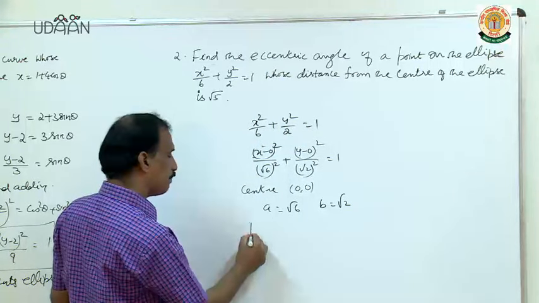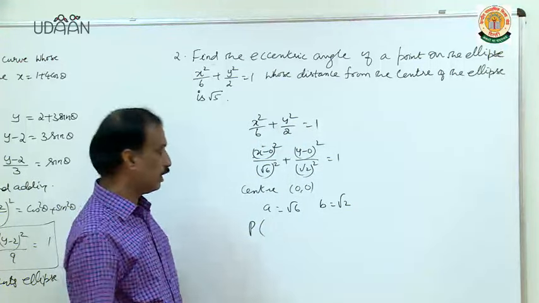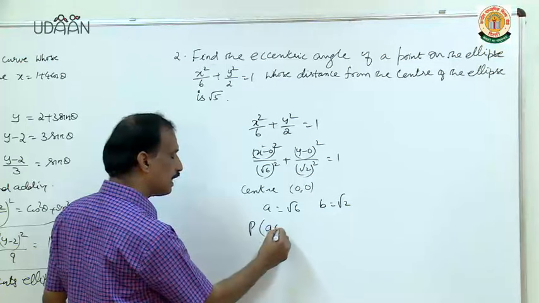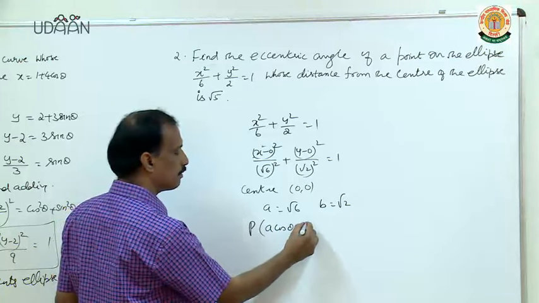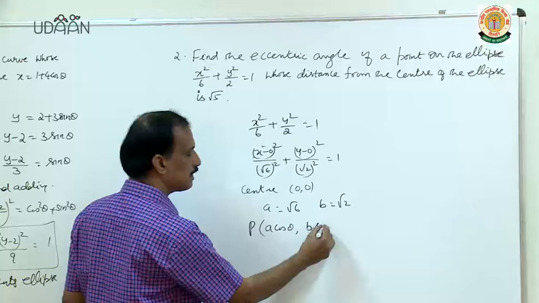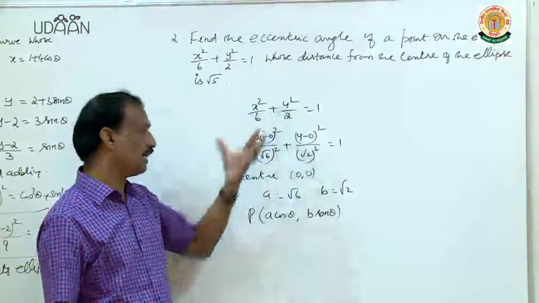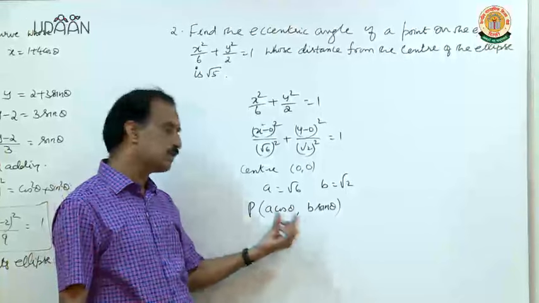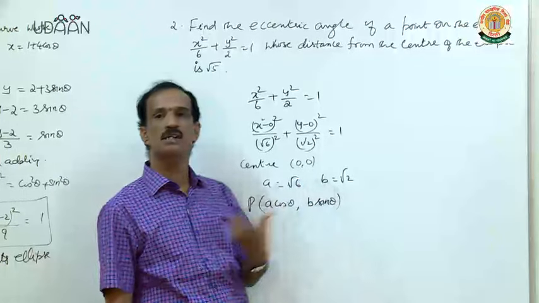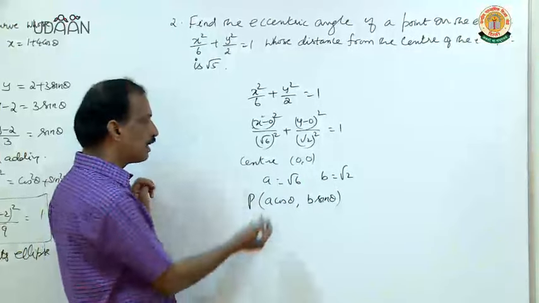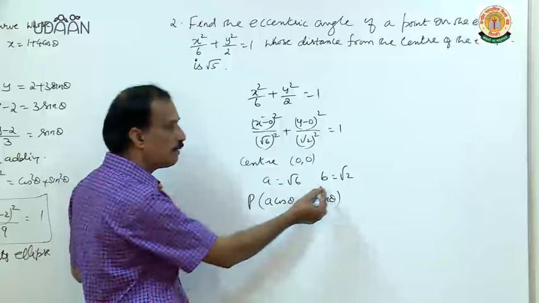Any point P on the ellipse in parametric form is A cos theta, B sin theta. So now here A is root 6 and B is root 2.